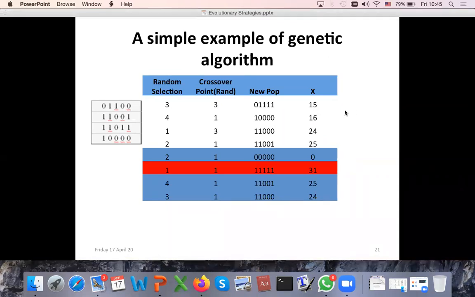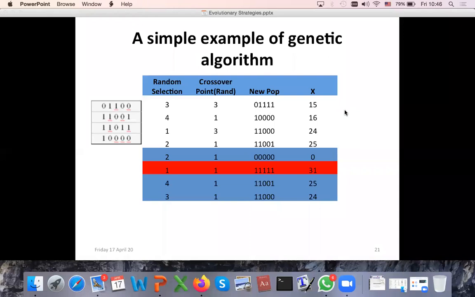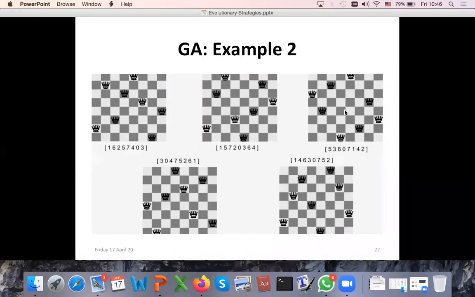Anyhow, this is the simple example of genetic algorithm, and we have seen all the four processes, the steps involved in genetic algorithm. This same idea you can apply here on this eight queens problem.